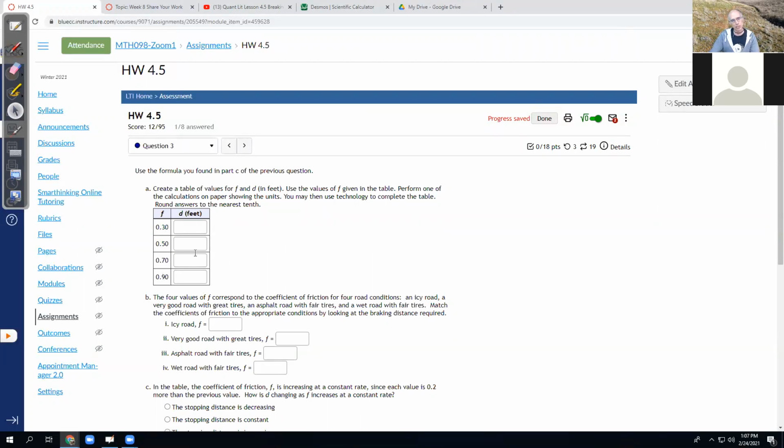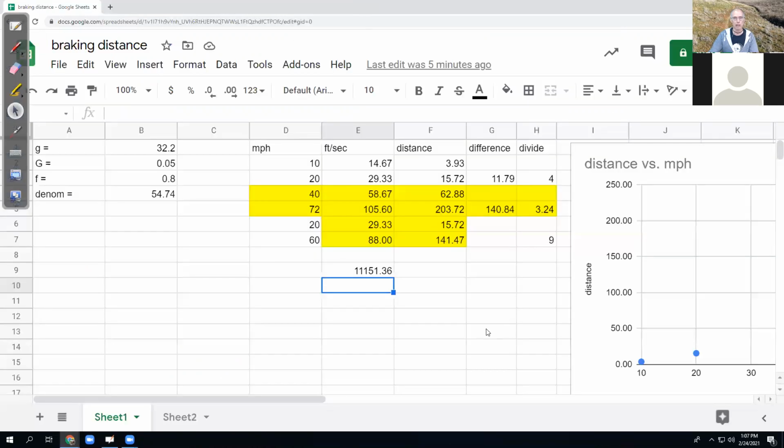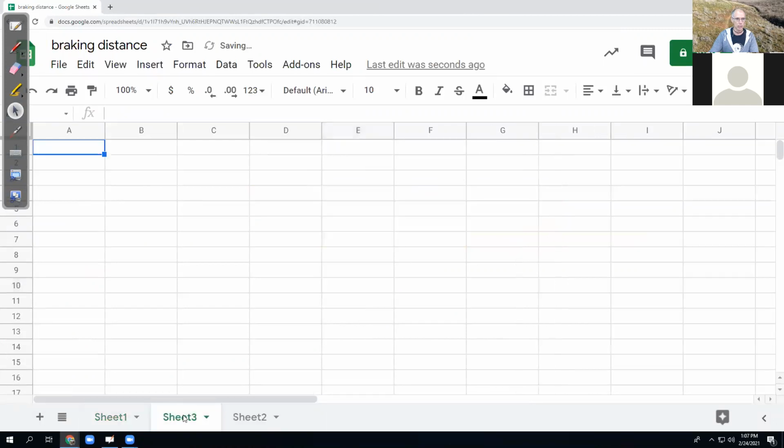And so I'm just going to put this into my spreadsheet because the spreadsheet can do all of these pretty quick for me. So I'll just show you how to do that. So let's see, spreadsheet is in that tab. And let's make a new sheet.